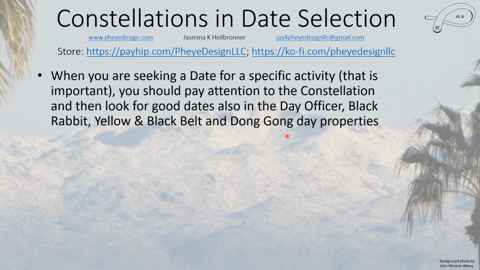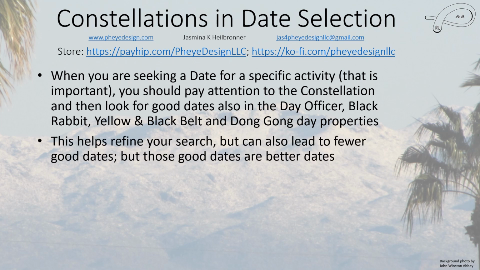If it's something new, you want a good Donggong day property. And you want to get as many of these other things, the day officer, black rabbit, and yellow and black belt, to be as positive as possible. It's very hard to find a perfect date. But as long as you get a couple key things right, you should be okay.